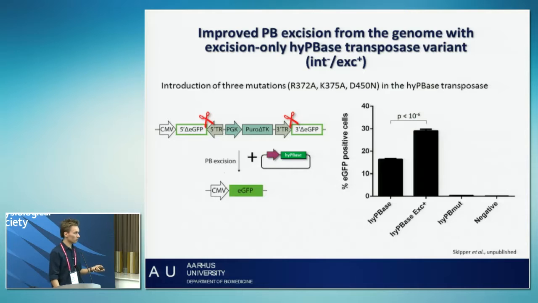This means that we can quantify the amount of EGFP-positive cells and use that as a measure of excision activity from the genome. When we did this, we could see that our new excision-only variant outperformed the wild type significantly.